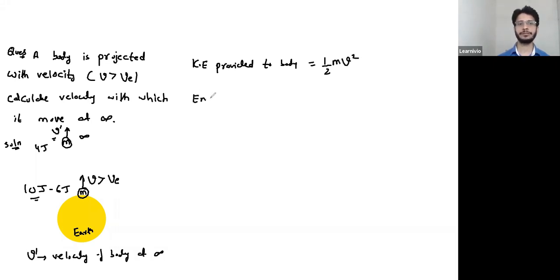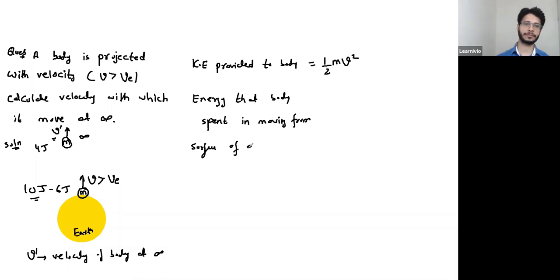The energy that the body spent in moving from the surface of Earth to infinity is simply the kinetic energy corresponding to escape velocity, half m v_e square.